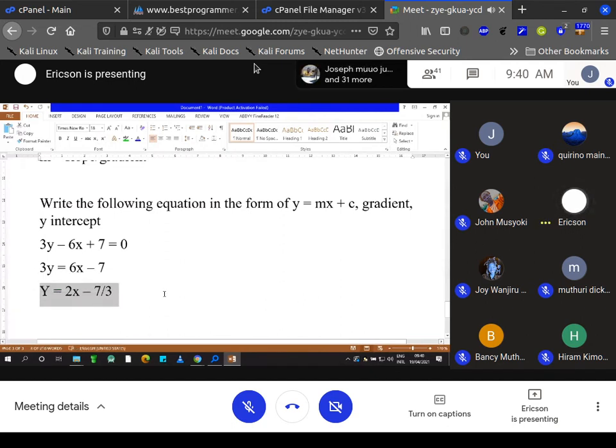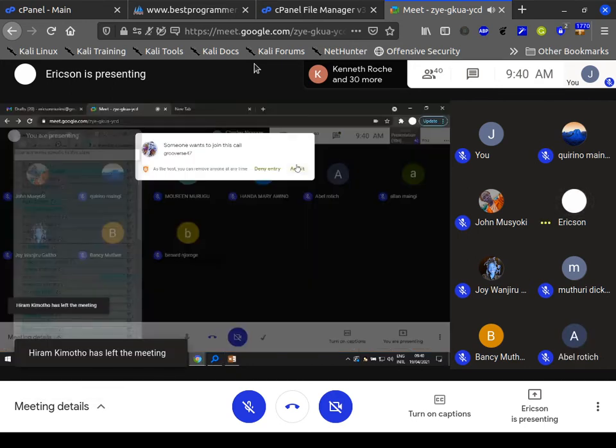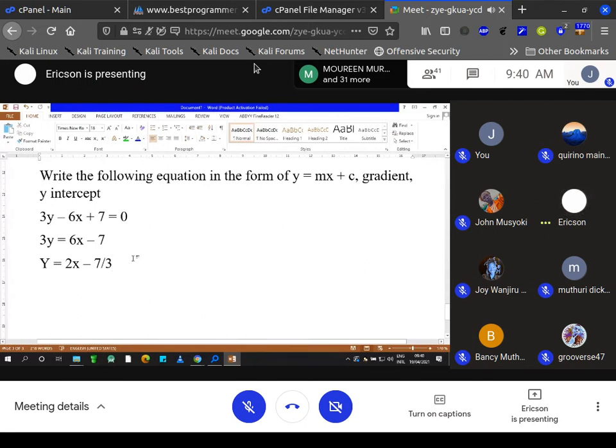When you are plotting the graph of this equation, you will find that the graph must pass through the point negative 7/3. So when you plot this equation, the first step is to find 2 points where your graph will go through.